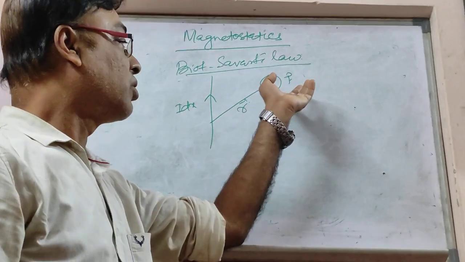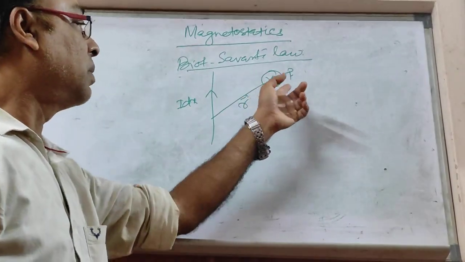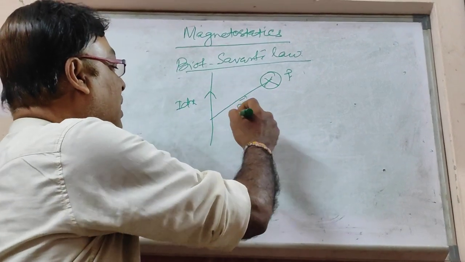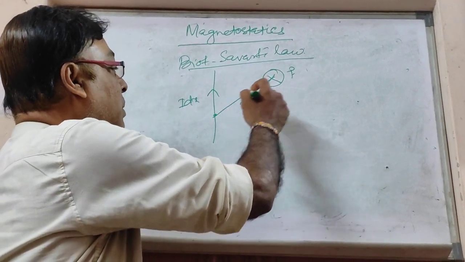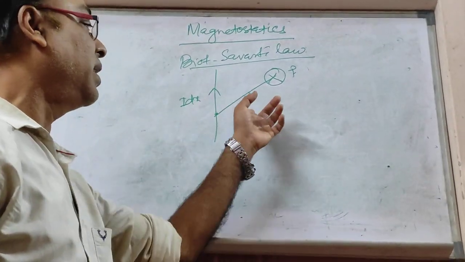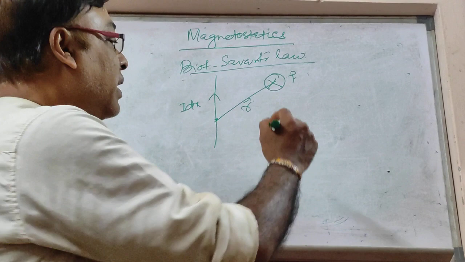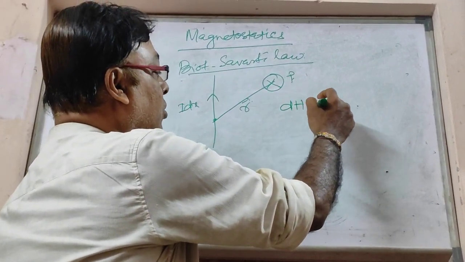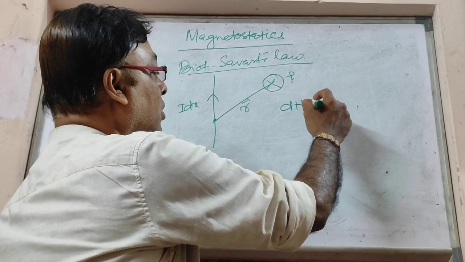With reference to this figure, the point is P and Idl is the current element, and the distance between the current element and the point P where the magnetic field strength is to be determined is R.